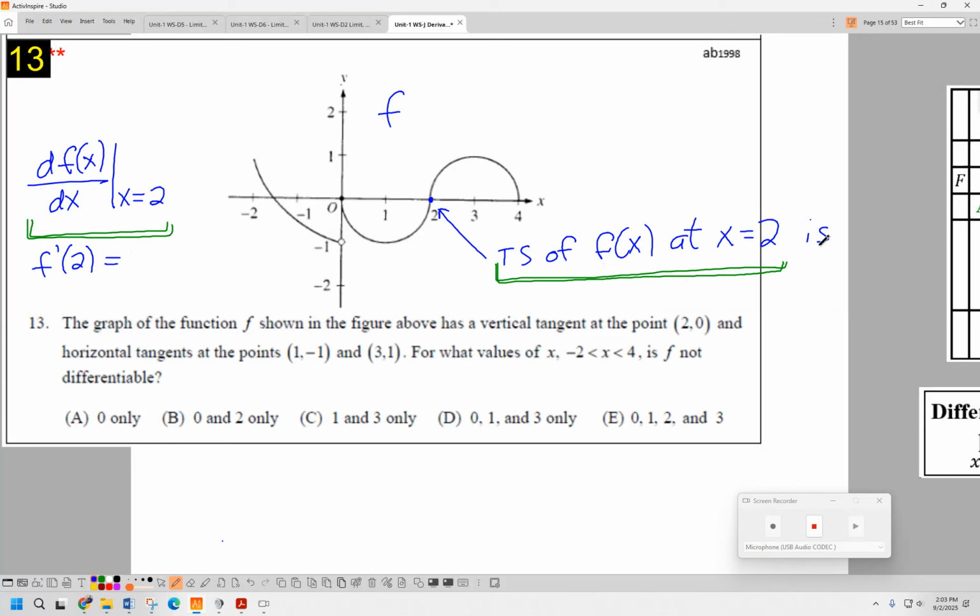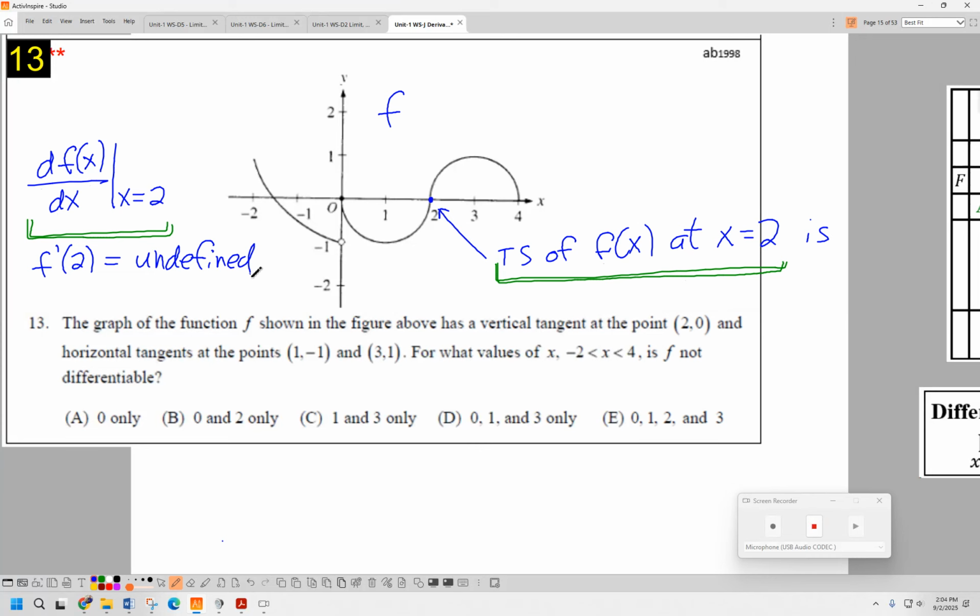I kind of prefer that just because I feel like it gives us a little more information. But they'll kind of accept either one. So we could say f prime of 2 is undefined or non-existent or whatever, we don't know. Okay? That's what they're telling you. Pretty good? Okay. Keep reading.